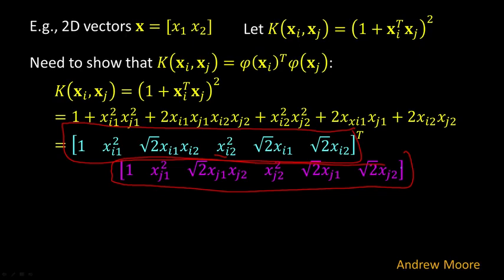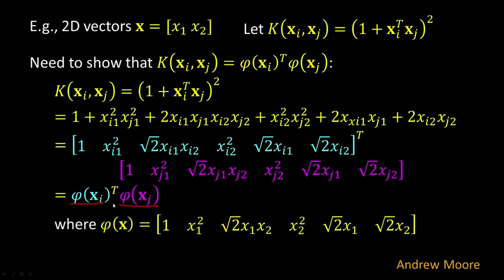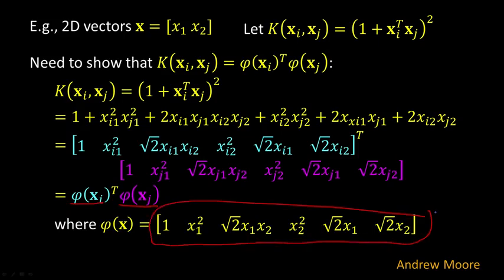So the way of thinking about that is that's a dot product between phi of xi and phi of xj, where phi of x is just defined by this. Here, the idea is we went from a two-dimensional space to a 1, 2, 3, 4, 5, 6-dimensional space.